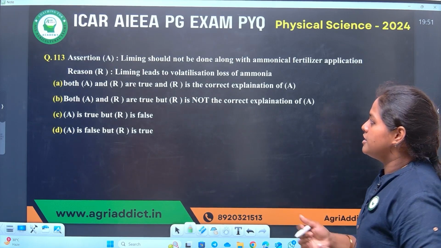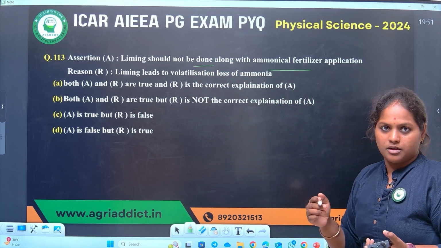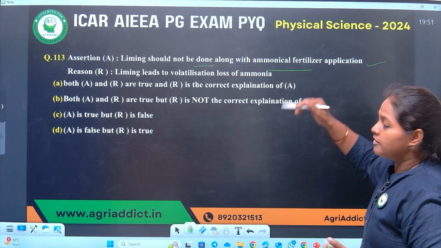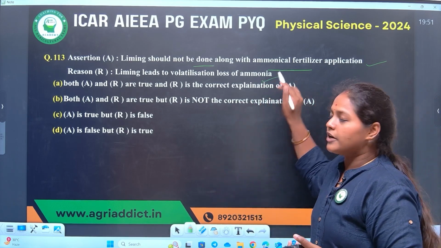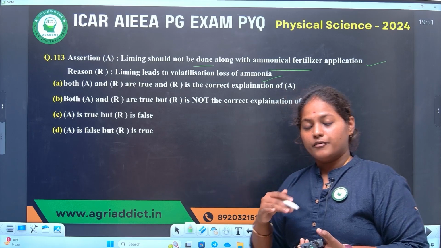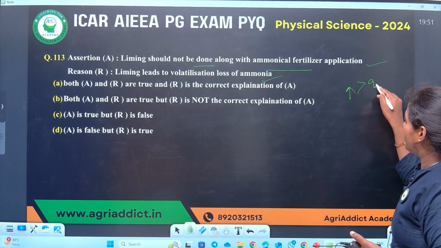Next question. Assertion: liming should not be done along with the ammonical fertilizer application. True. Reason: liming leads to volatilization loss of ammonia. It is also true. Why does liming lead to volatilization loss? Because liming increases the pH of the soil to more than 9.5.